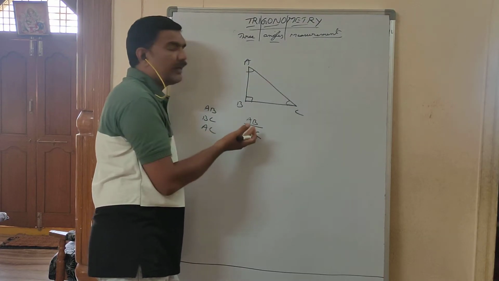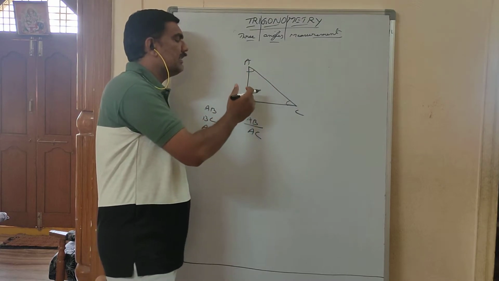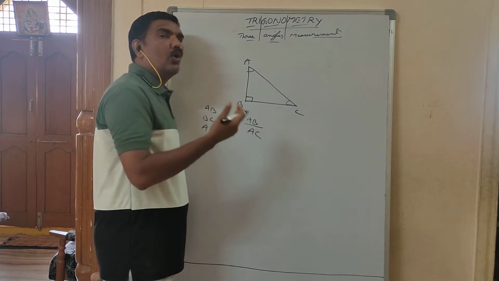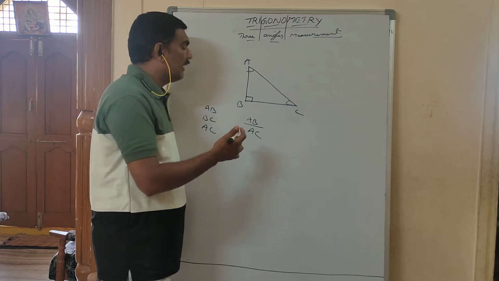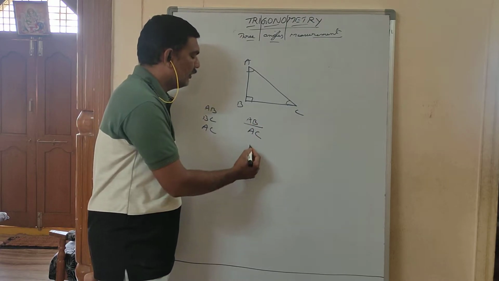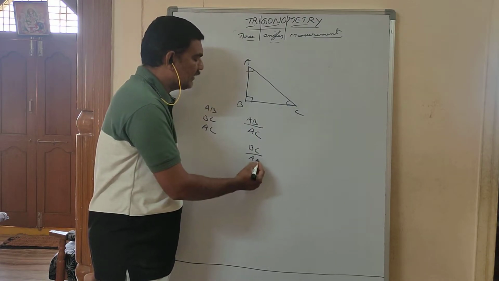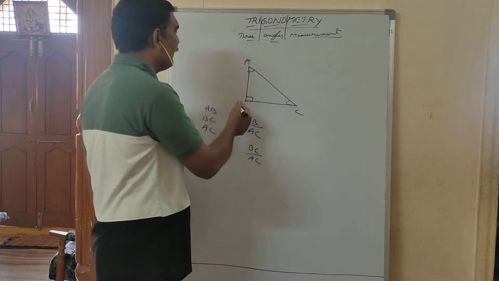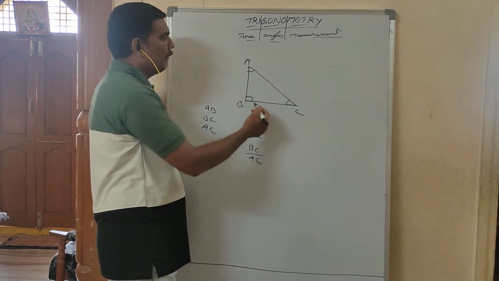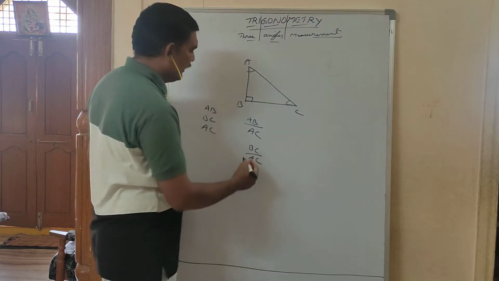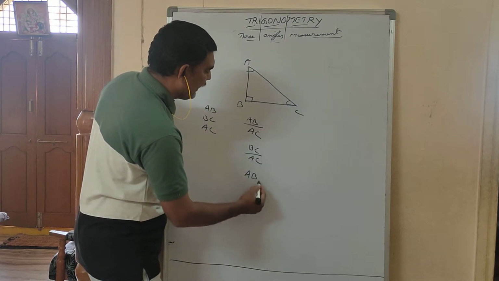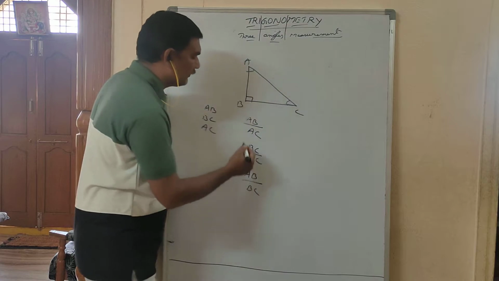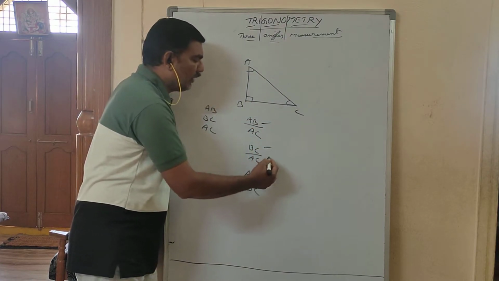AB by AC is one ratio. So here in this triangle, how many ratios can I write? AB by AC is one ratio. BC by AC is what? One ratio. Okay. AB by AC, BC by AC. Next one more is AB by BC. These three are what? Ratios.